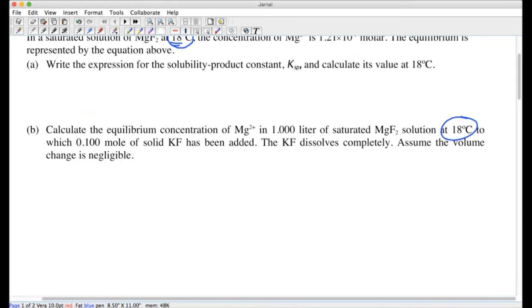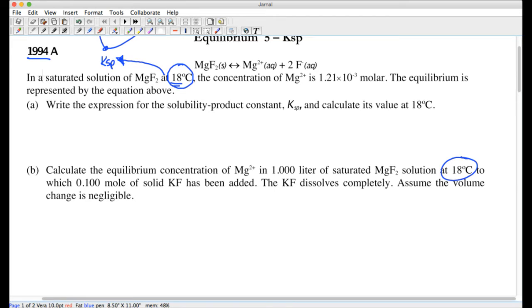Hopefully, that if we increase the temperature, we're going to favor the endothermic direction. That's important. And if we decrease the temperature, we would favor the exothermic direction. So the question is, where is the heat in this reaction? Is it on this side or this side?